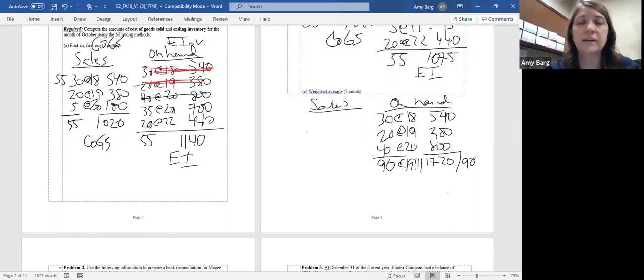We're just calling them all $19.11, and in the end, we're just trusting that it's all going to work out. So when somebody wants to buy 55 units, we are going to charge them $19.11 for each one.